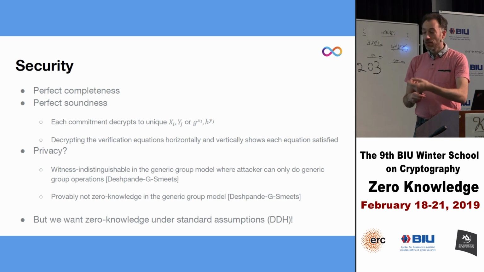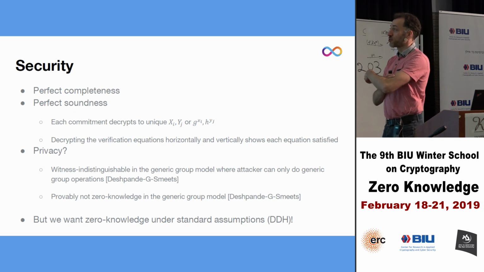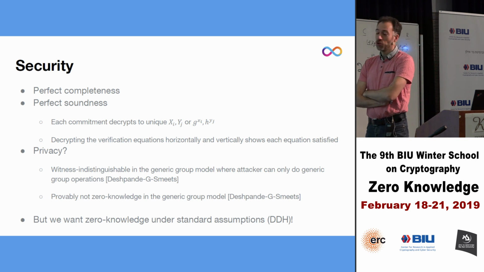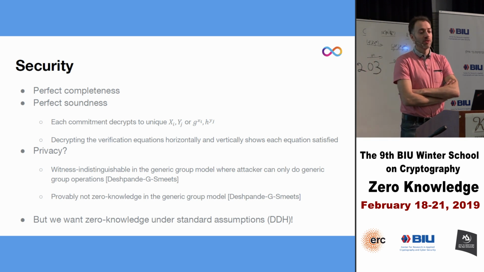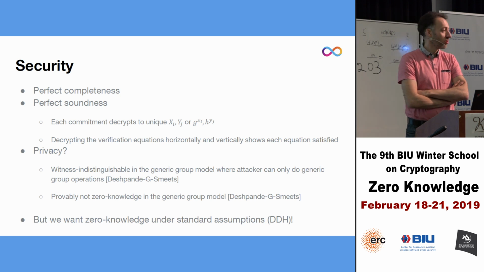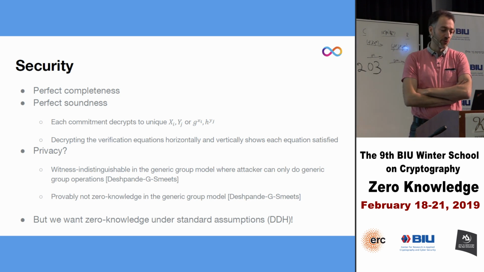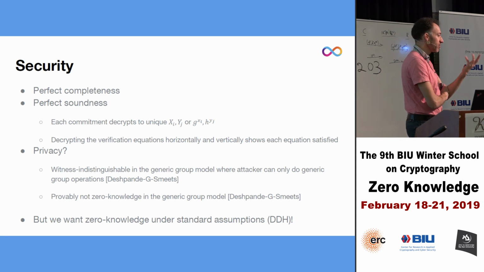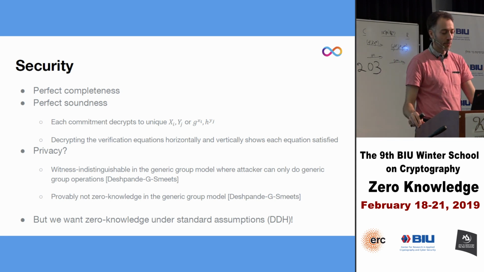Okay, so that gives us perfect completeness, and it gives us perfect soundness, because each of these ciphertexts will decrypt to a unique x, y, or g to the x, y, and h to the yj in the case of field elements. And again, decrypting horizontally, vertically will give us soundness.